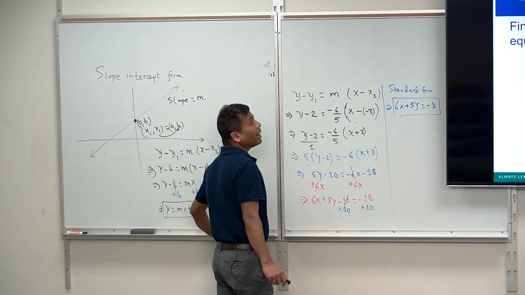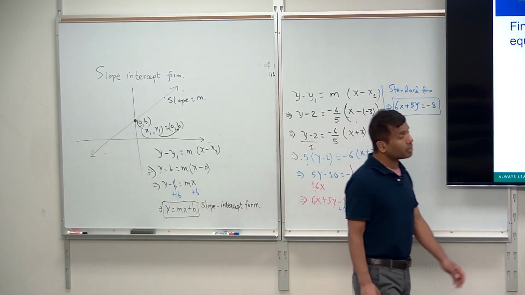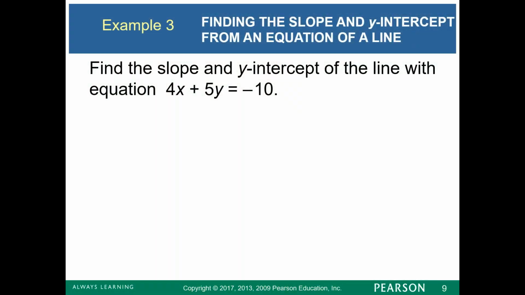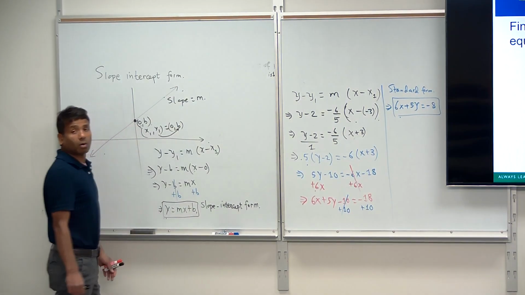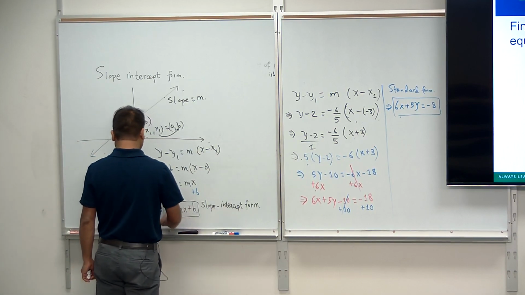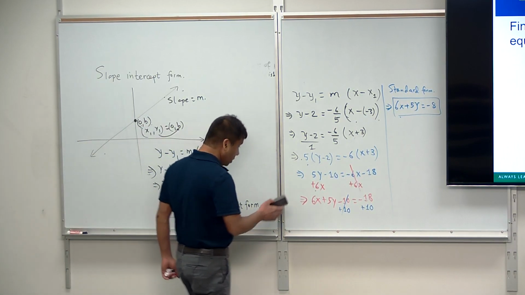So if you want to find out the slope and y-intercept of the line with the equation 4x plus 5y equals negative 10, you just rewrite that equation in the form y equals mx plus b. So let me show you, okay? Here.